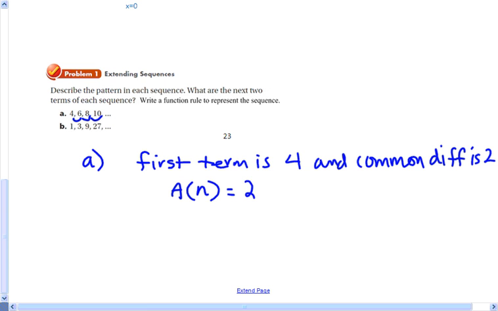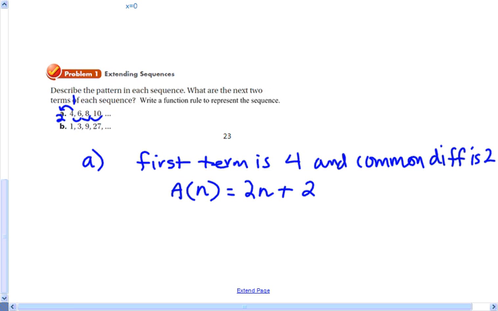So we're going to multiply 2 times n. And then think about what number you would start with for a 0th term so that when you add 2 for the first time, you end up with 4. And that would be 2. You can get that just by subtracting. If we go back one more from 4, we're at 2, and that's a 0th term.